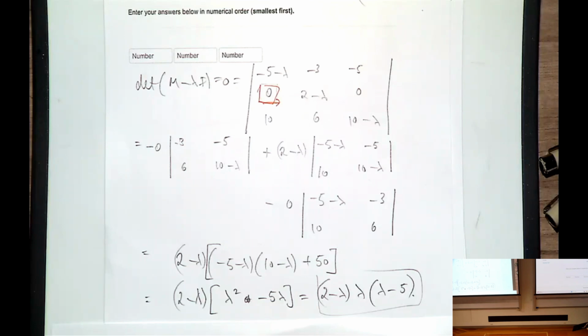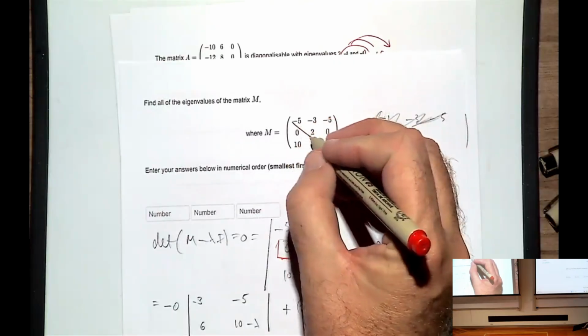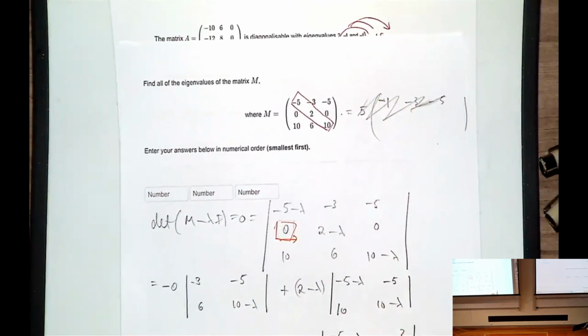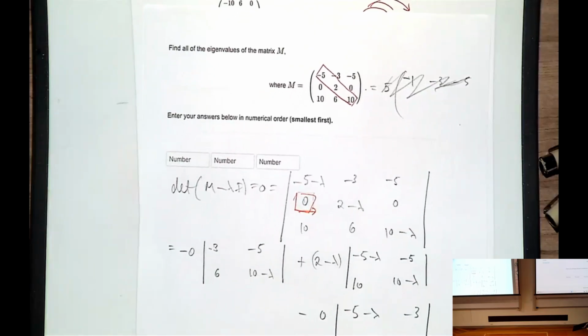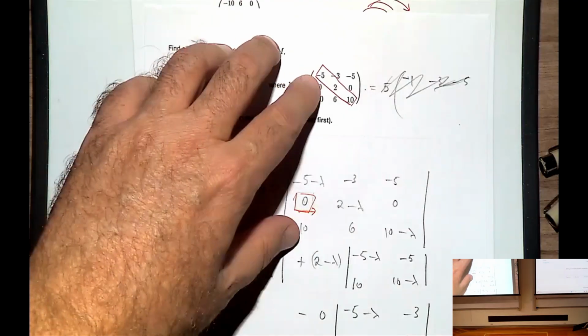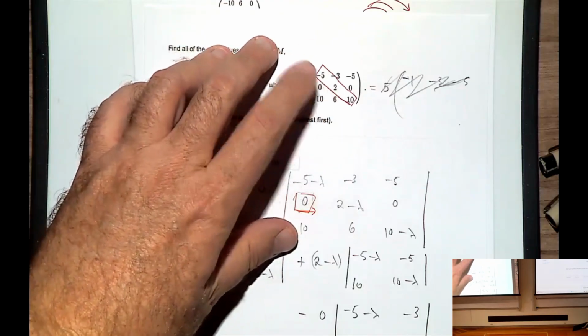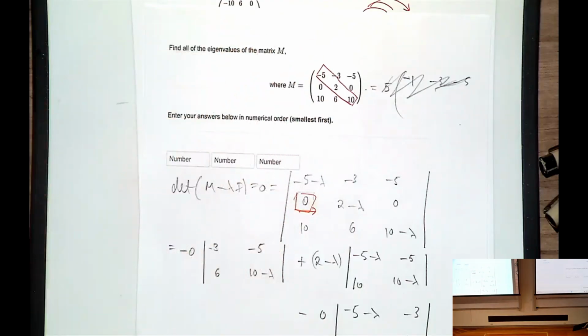So let's talk about that. So you know that the trace, the sum of the diagonals, should equal the sum of the eigenvalues.